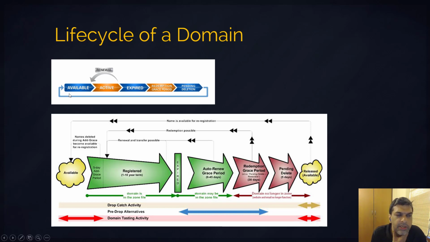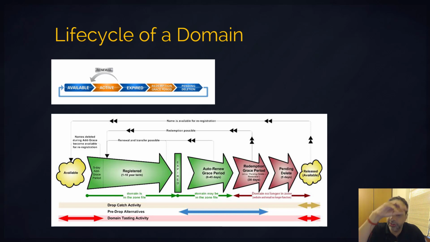Okay, so a .com name always starts off as available, right? Let's understand one more thing, that we have a central registry, and then you have registrars under them.